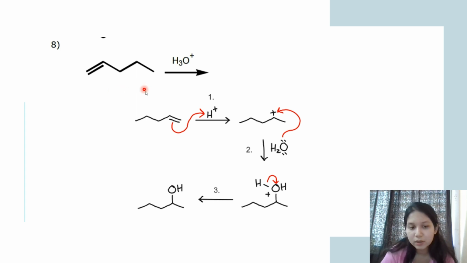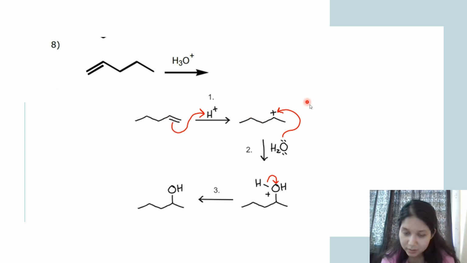If we look at the mechanism step by step, the electron rich double bond will attack the acidic proton present in the acidic medium, leading to the formation of the more stable carbocation out of the possible ways. You can either get a primary or secondary here, but you have to prefer the more stable one.